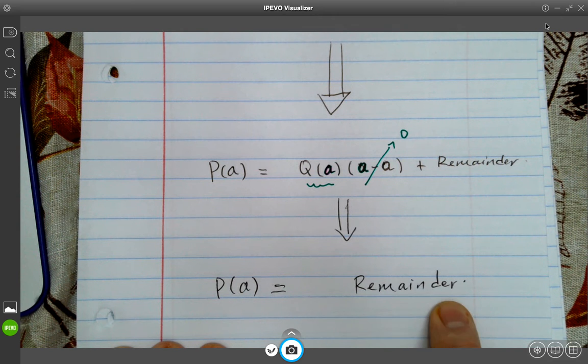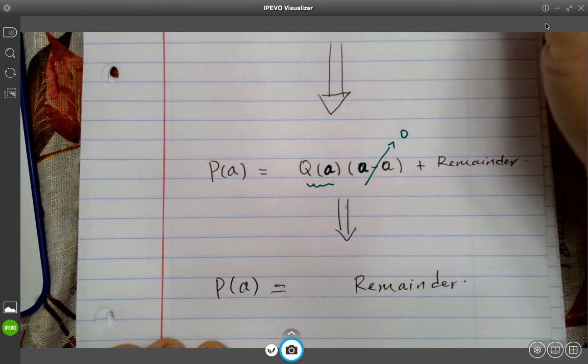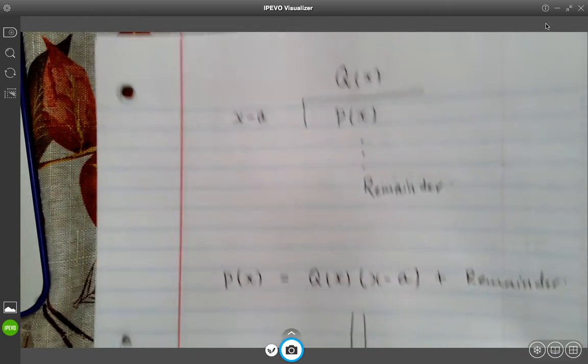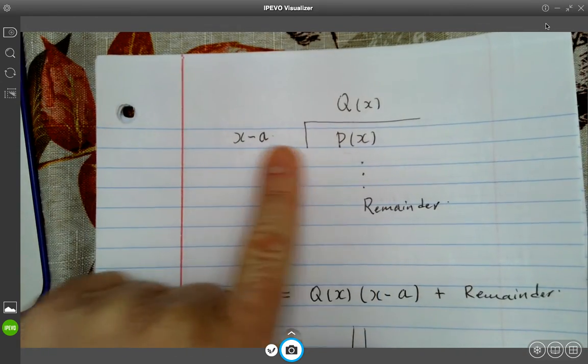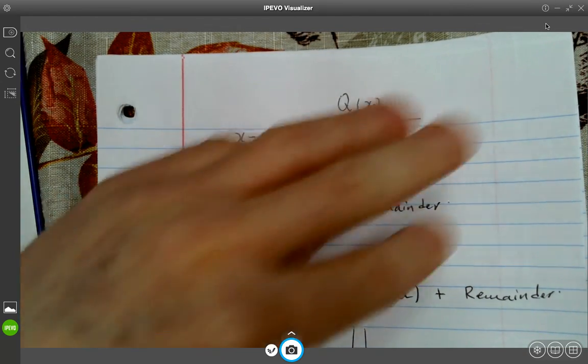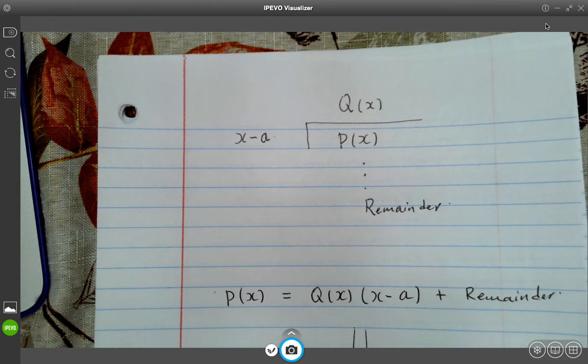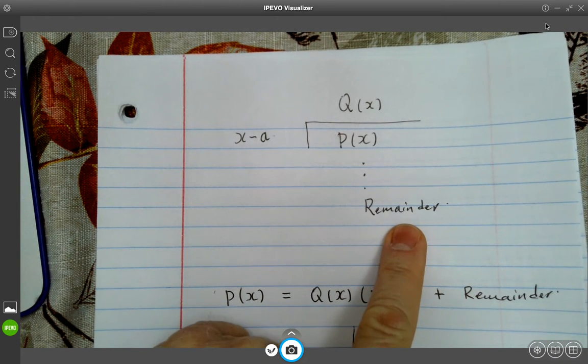So I'm left with the remainder. And this is what the remainder theorem says: there are two ways to calculate the remainder when you're trying to divide a polynomial by x minus a. Yes, you can do the division, whether it is the common standard long division or synthetic division, it's okay, and you can find the remainder.